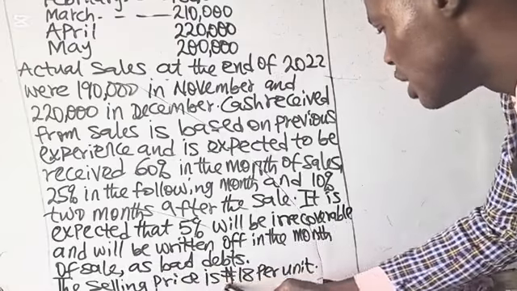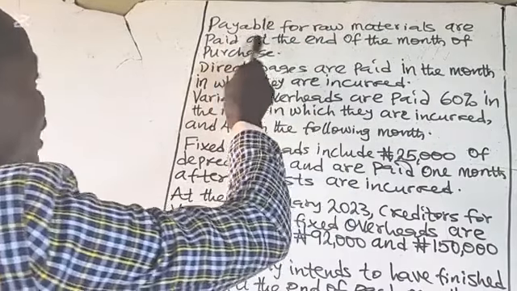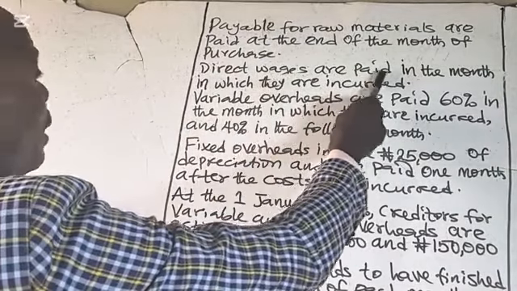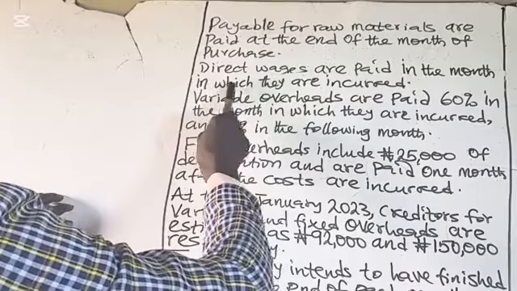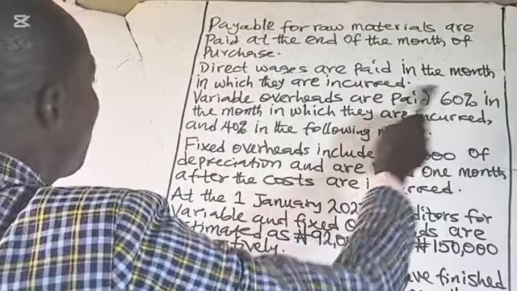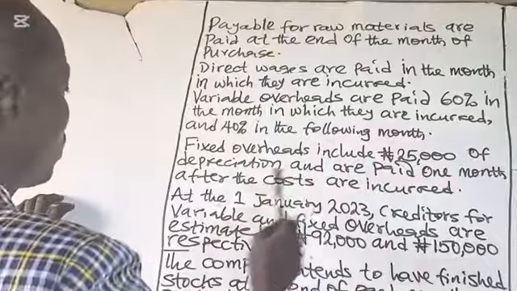The selling price is 18 naira per unit. Payable for raw materials are paid at the end of the month of purchase. Direct wages are paid in the month in which they are incurred. Variable overheads are paid 60% in the month in which they are incurred and 40% in the following month.